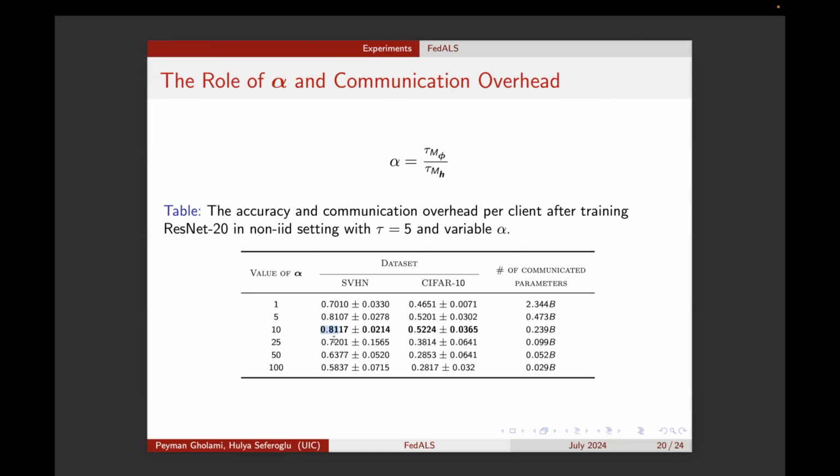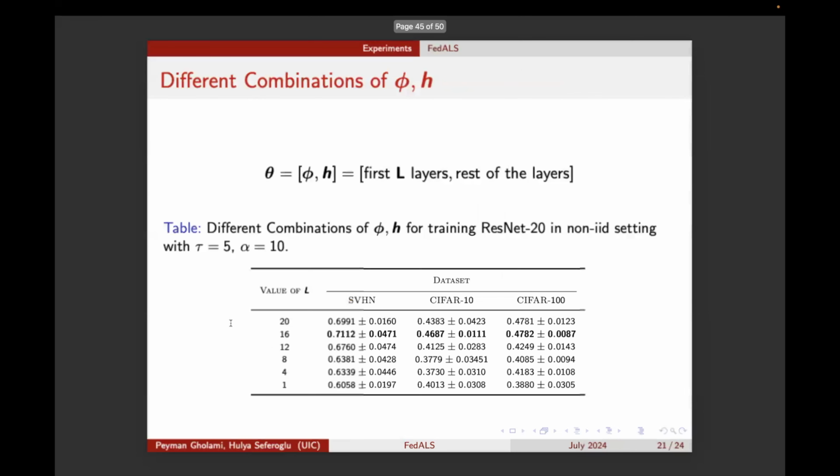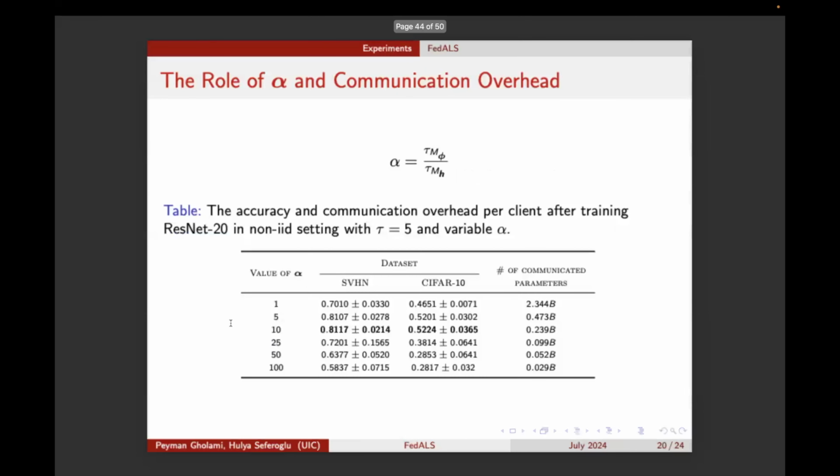Beyond that, accuracy starts to degrade, even though communication efficiency still continues to improve. That's because increasing alpha up to a certain point is beneficial for generalization, but beyond that point, it starts to hurt the empirical optimization problem, causing the results to drop.